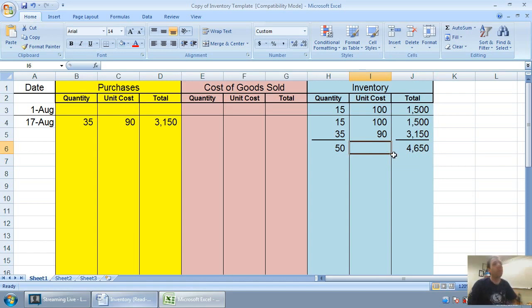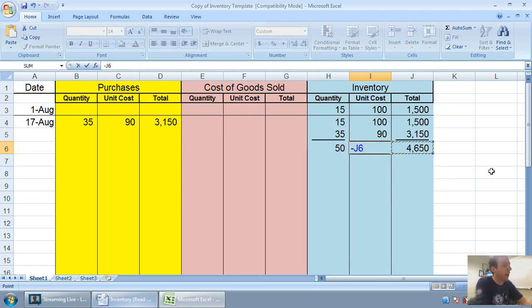Now I figure out the weighted average unit cost. And what does that mean? Well, between 90 and 100, the average would be 95. But that's not the weighted average, because I have 35 $90 units. I only have 15 $100 units. The weighted average is going to be closer to 90 than it is to 100. How do I figure out that weighted average?